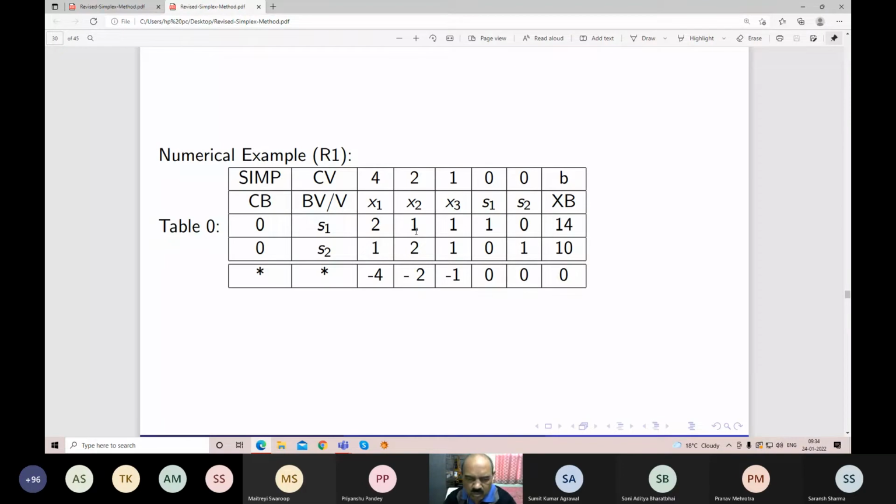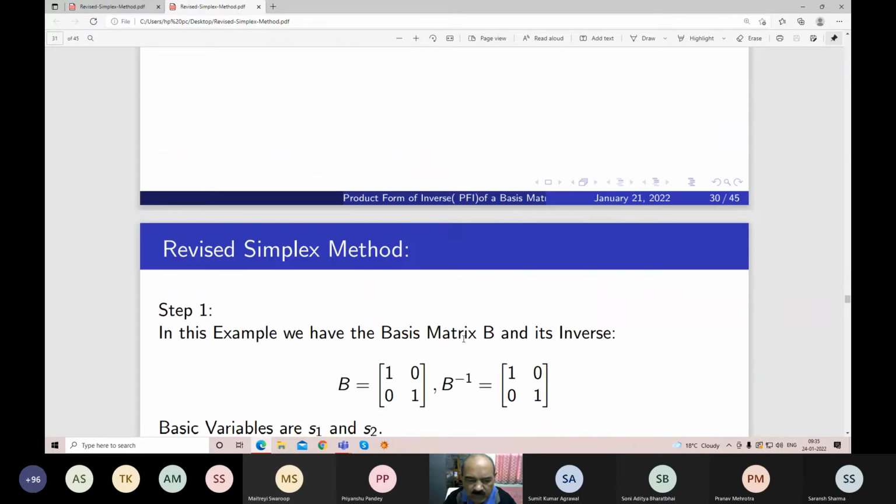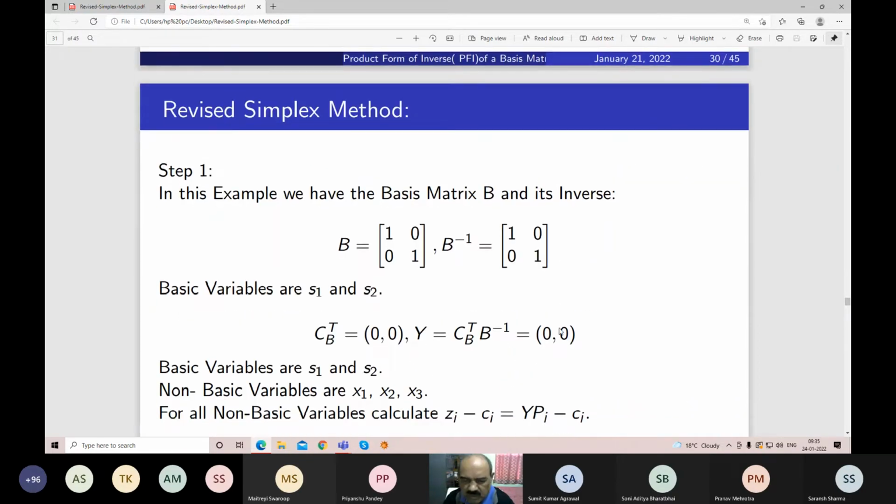So in the basis matrix there are two columns, 1 0 and 0 1. The first column we have changed. The second time, we want to know whether it is in the first column or the second column. For that we have to do some calculation. This 1, 2 is multiplied with the matrix B inverse.